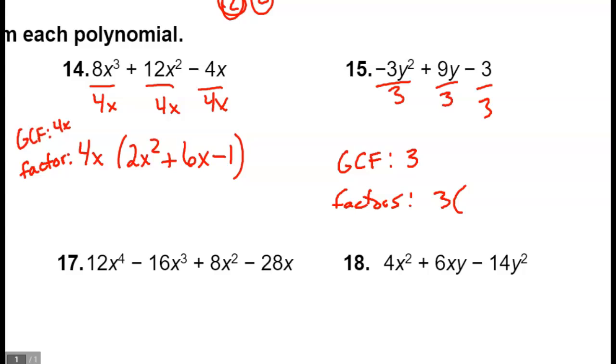So we divide by 3, and what you're going to get is a negative y squared. 9y divided by 3 is a positive 3y, and negative 3 divided by 3 is negative 1.